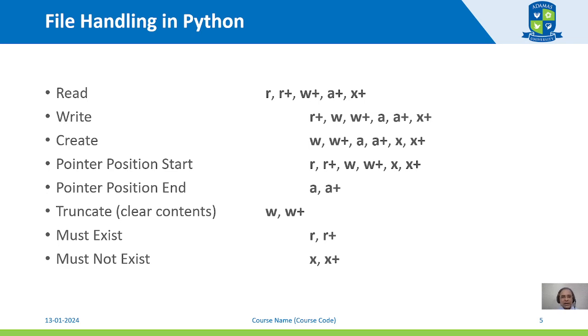Pointer position start, that means the file pointer will indicate the start point when we open a file in R mode or R plus mode, W mode or W plus mode, X mode or X plus mode. Pointer position to the end, A and A plus will indicate the end position of the pointer.